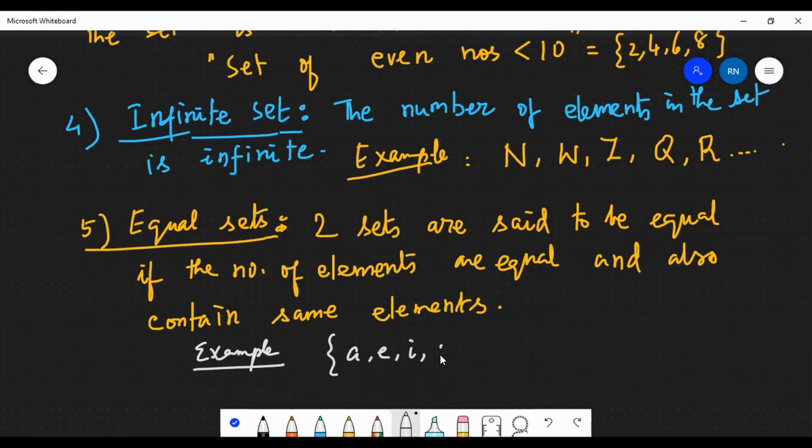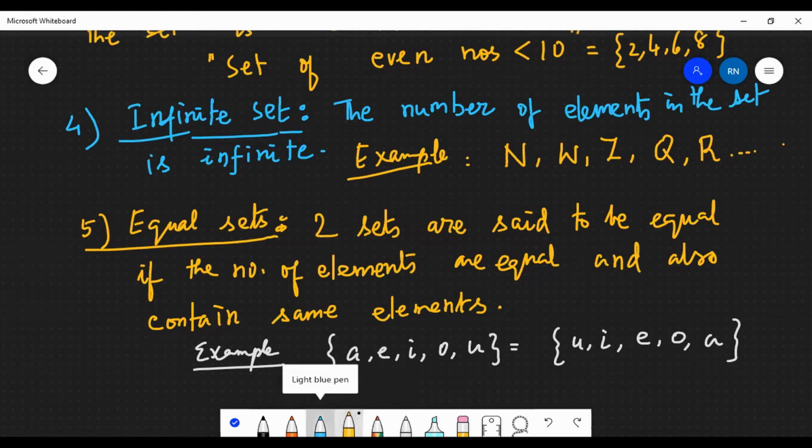A, E, I, O, U. It is same as U, I, A, O, sorry, E, O, A. Okay. So they contain the same number of elements. Yes. 5 elements here, 5 elements here. Done. And same elements are there.